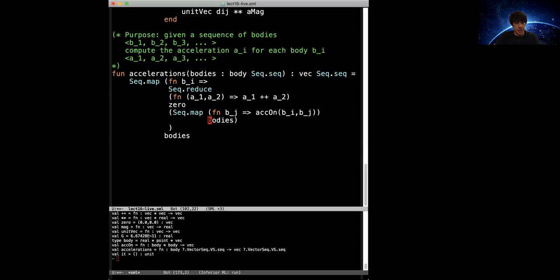All right, so let's read it. What we're doing is we're saying for every body bi, I want to know the acceleration for that body. So what I do is I sum over all the bodies bj the acceleration on bi due to bj, and then I add all of those up using vector addition.